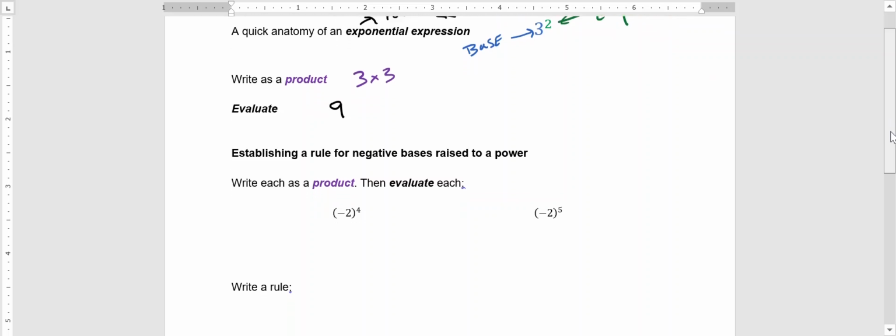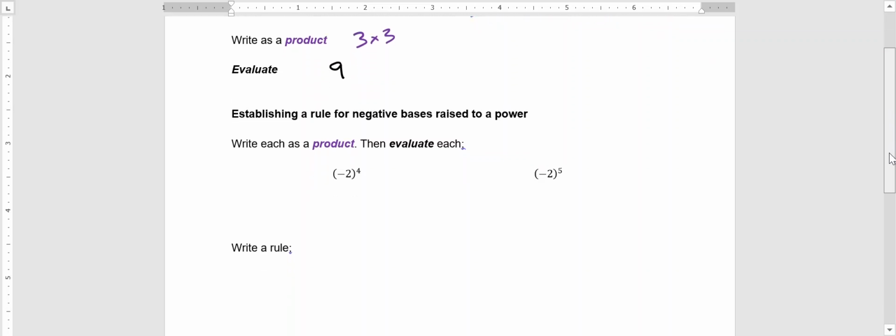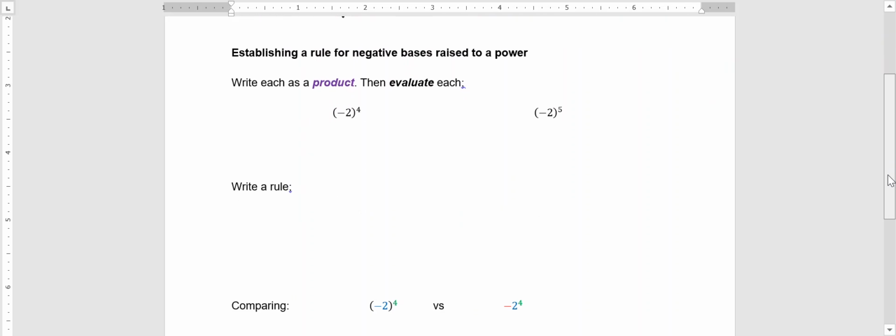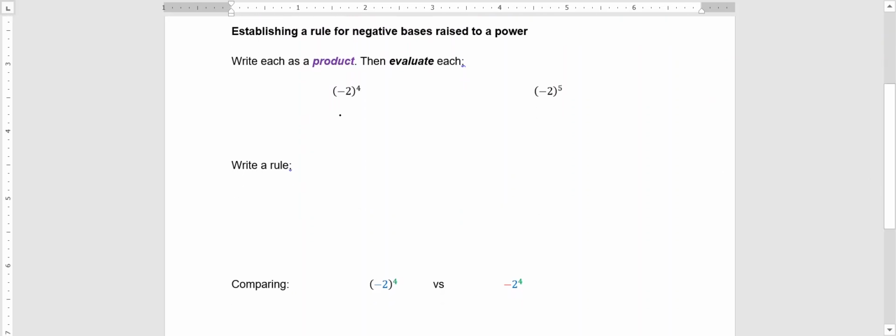So moving on from there, this is where I want to make sure that we spend a couple of quick minutes looking at how negative bases respond to powers. So a negative base is going to be clear because it's going to be wrapped in parentheses. There's going to be no doubt that the number being raised to a power is negative because that base is in parentheses.